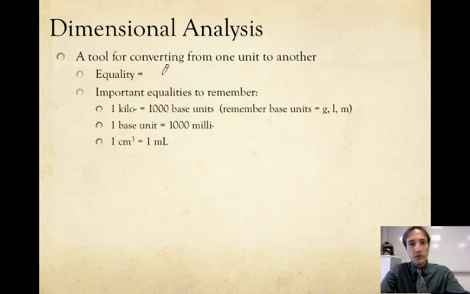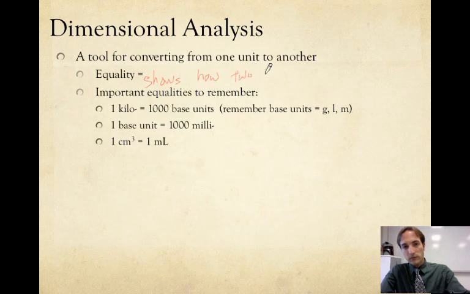Okay, so we're going to get into dimensional analysis. Dimensional analysis is really a tool for converting from one unit to another. Sounds scary, but again, it's just a tool and it helps you to go from one unit to another. In order to do that, you need something called an equality. An equality is really just something that shows how two units are equal.